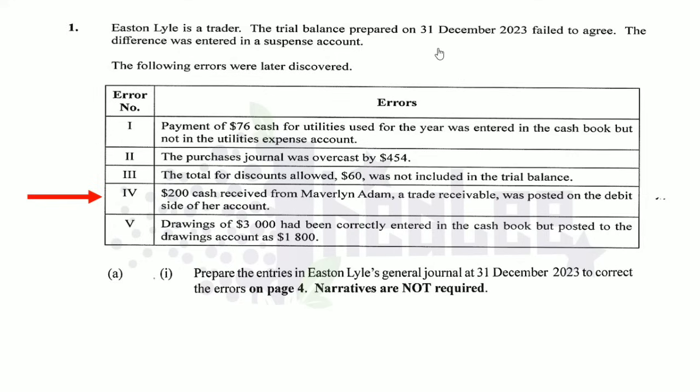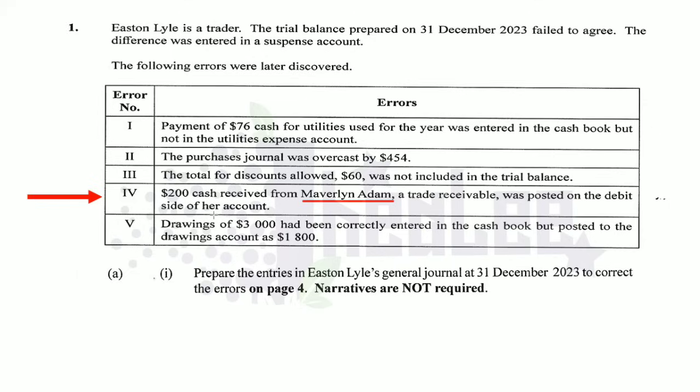But we need to know what should have been done in the account for Marveline, because remember, Marveline Adam is the debtor. Now, once the debtor makes a payment, that's going to cause a reduction in the amount that the debtor is owing. Remember, debtors is from the category of assets.